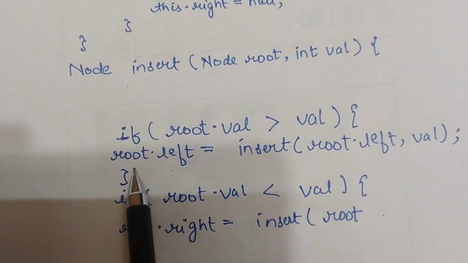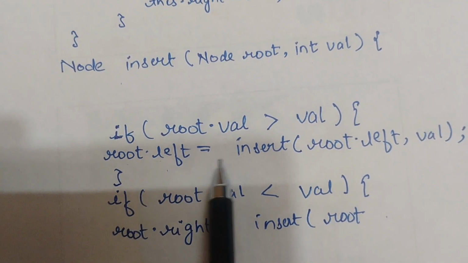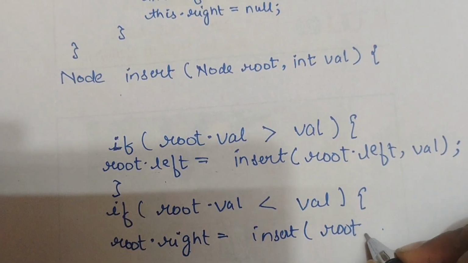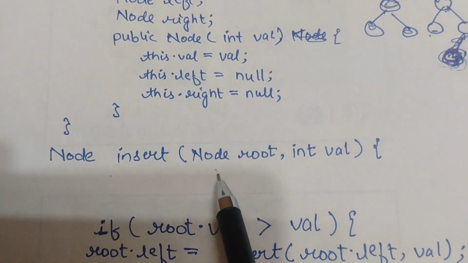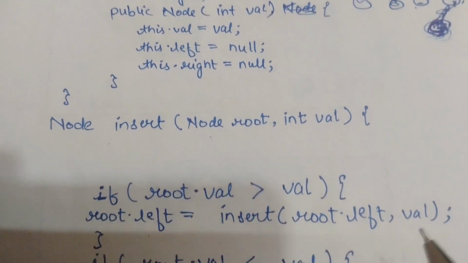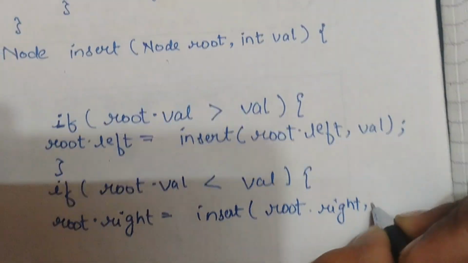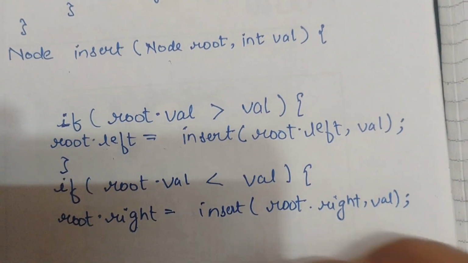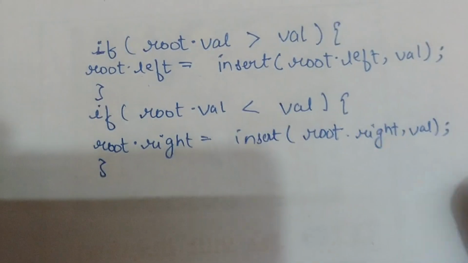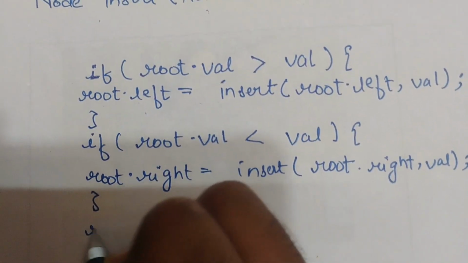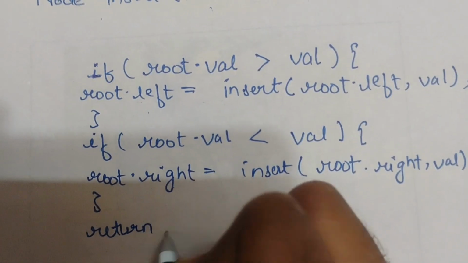You might have a doubt about why I am assigning this; I'll tell you later on. With this I end these two conditions, and at last I will return root.